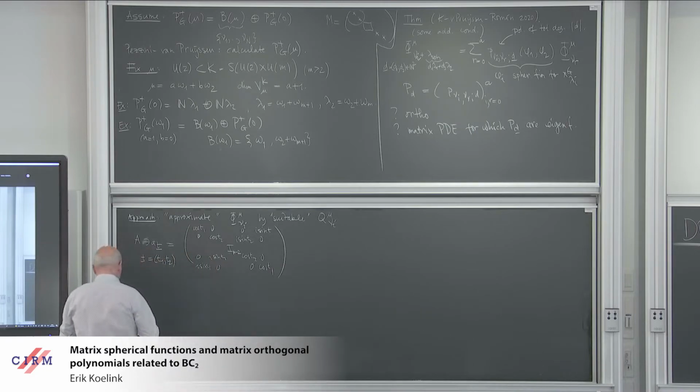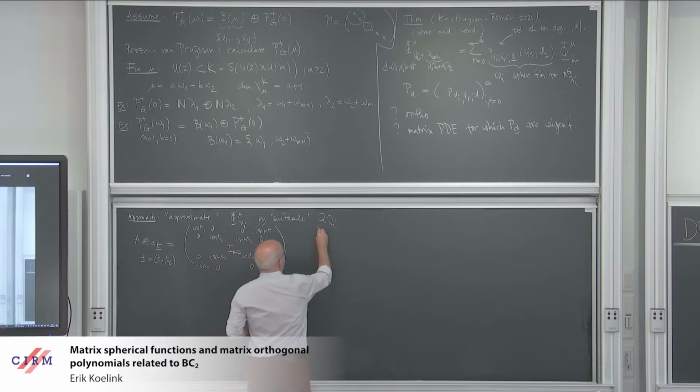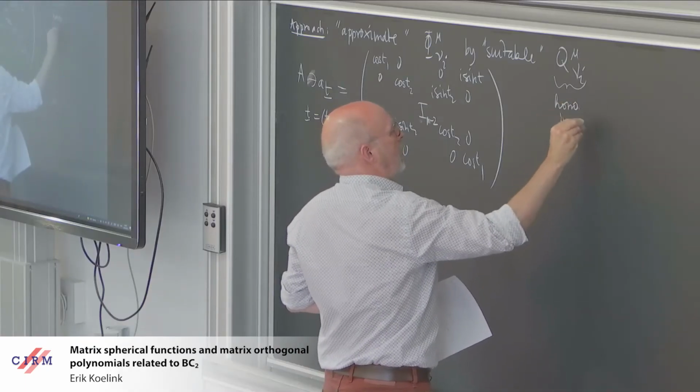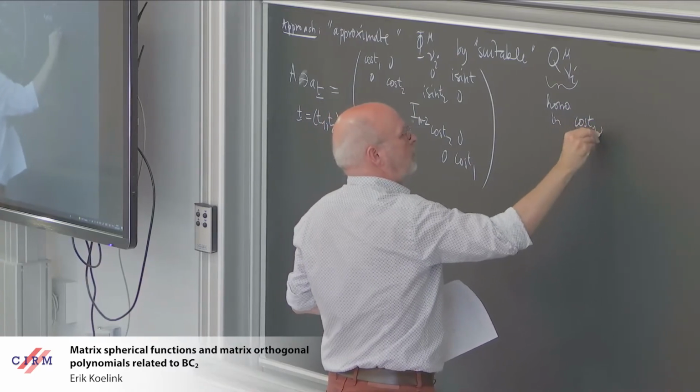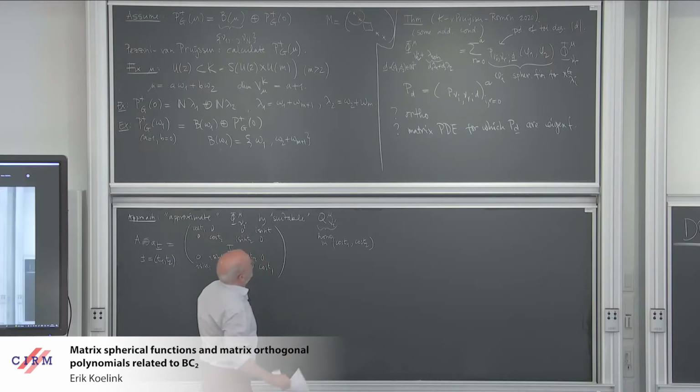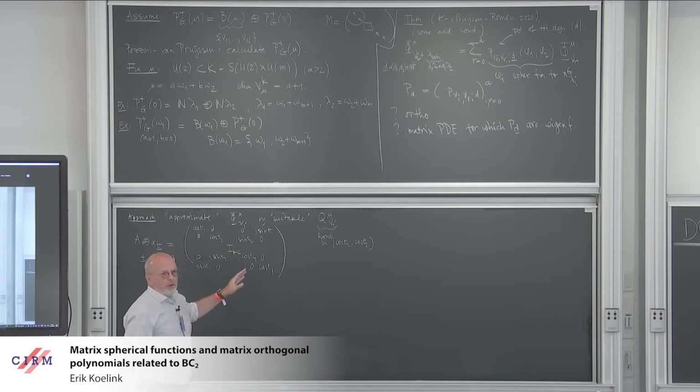Now I want to do this a little bit better. And what I want is for these to all be homogeneous in cosine T1, cosine T2, and there are no signs. Oh yeah, I forgot to say something in the beginning. Of course, there is an action of the Weyl group, and the Weyl group acts on the M types.